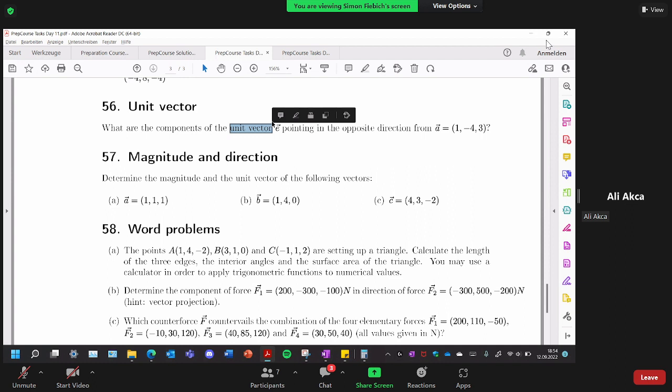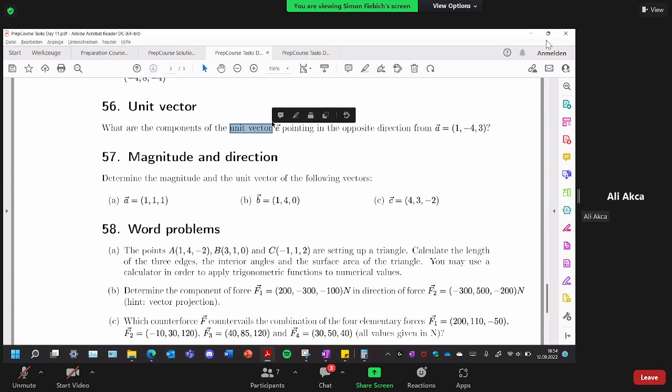1 squared, 4 squared, plus 3 squared, square root of that. Yes, correct, it's equal to the square root of 26.